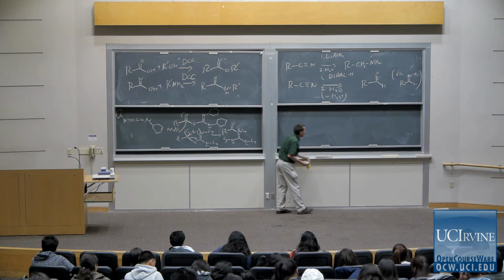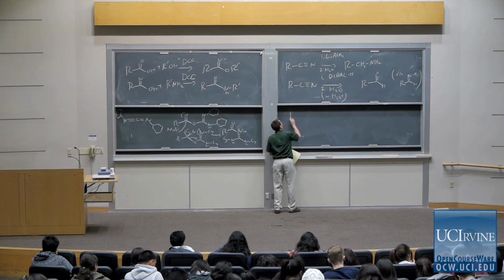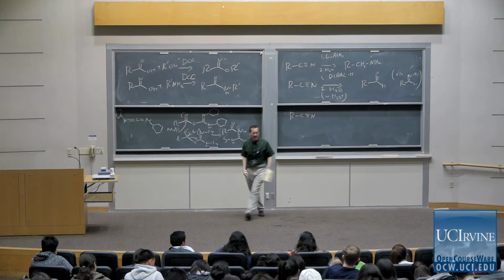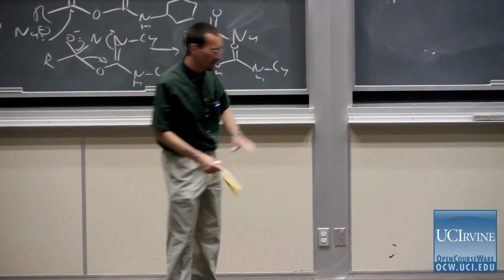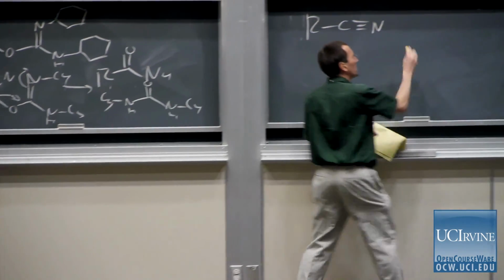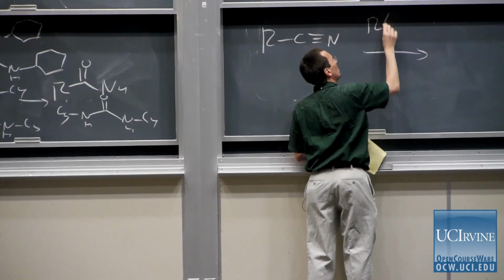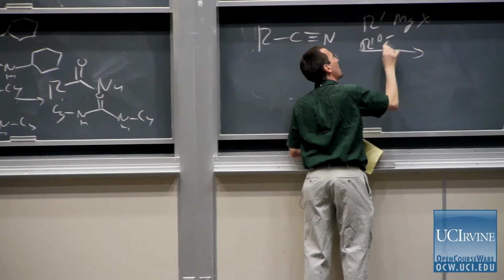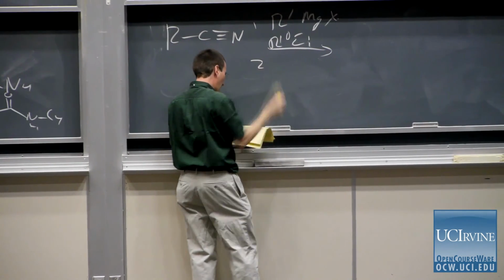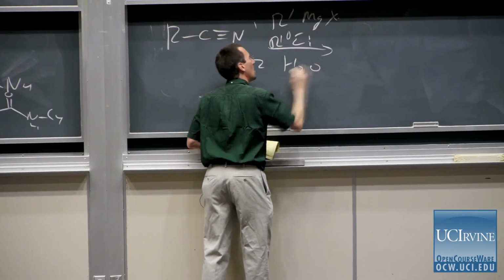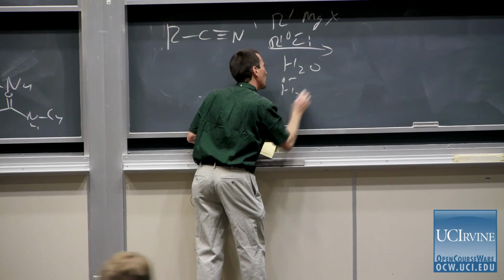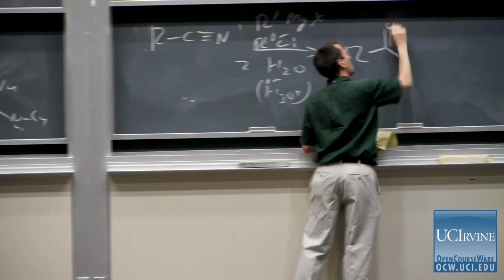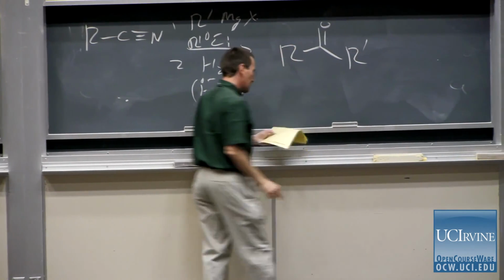And I'll give you 2 more examples from your textbook while we're talking about the chemistry of nitriles. And again, I could show you many other examples. So Grignard reagents and organolithium reagents, I'll call it R' MgX or R' Li, followed by an aqueous workup, H2O or H3O+, can add to give you ketones, like so.